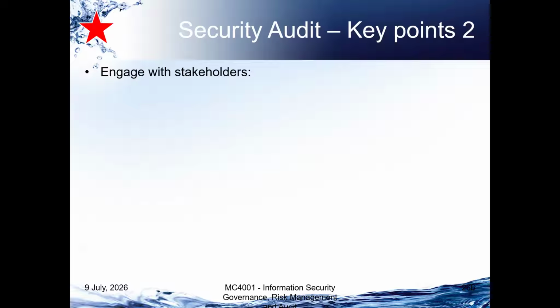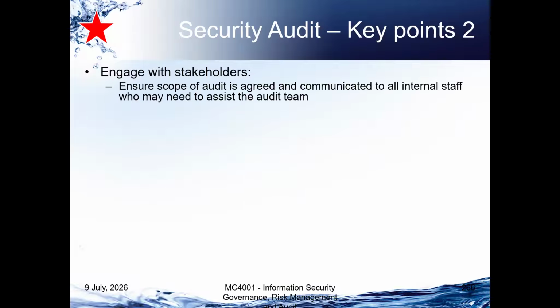So, engaging with stakeholders. The key thing here is you ensure the scope of the audit is agreed and communicated to all internal staff who may need to assist the audit team. This is one of the fundamental mistakes that organizations make.